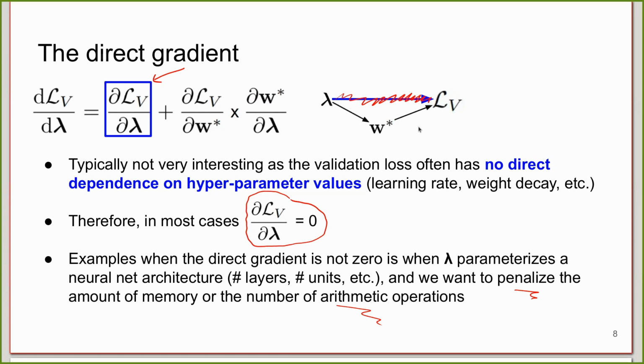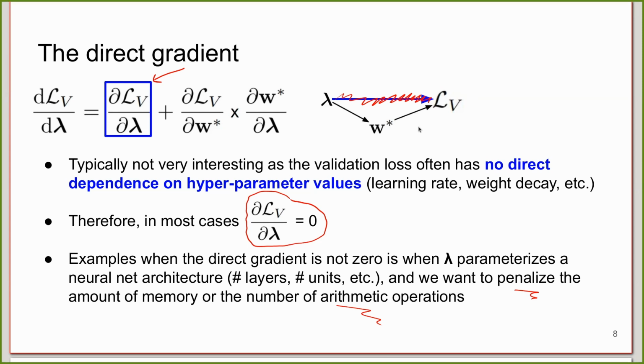Okay. Any other questions? Yes. You said that in most cases the derivative with respect to lambda is 0. So would you have to check that, or can you just assume? I mean, you know it when you specify your validation loss. Your validation loss will depend on W star, and maybe it depends on lambda or not, I mean directly on lambda.